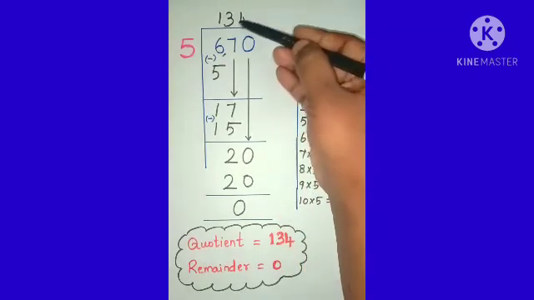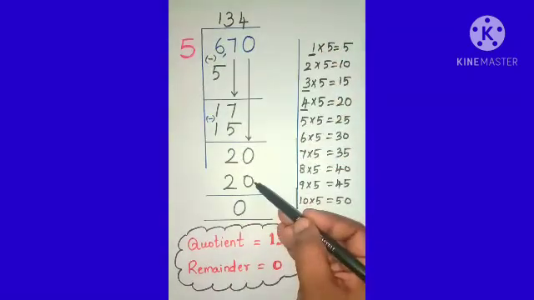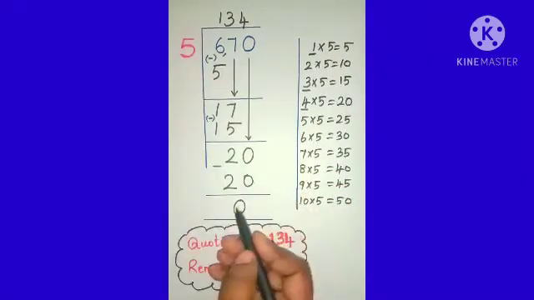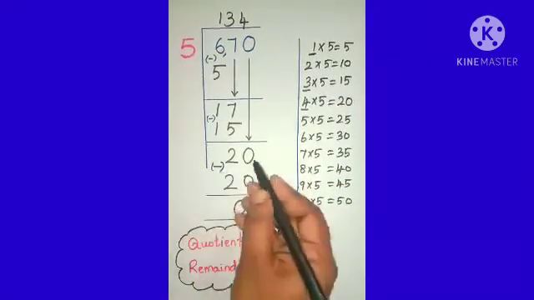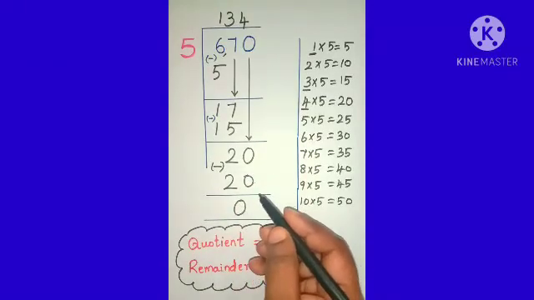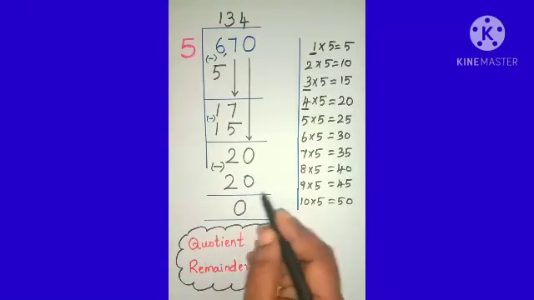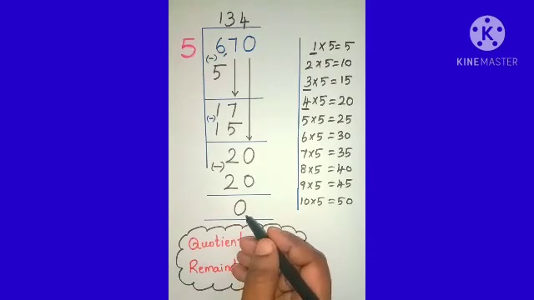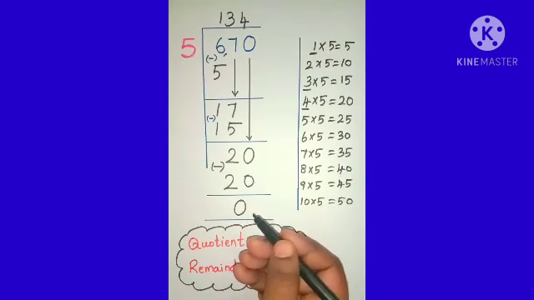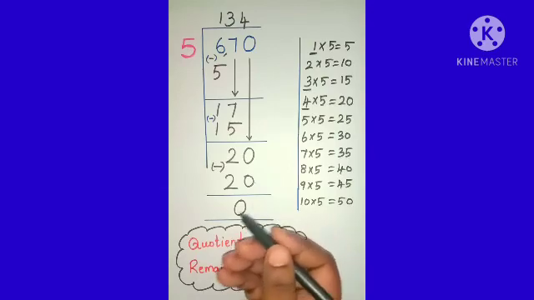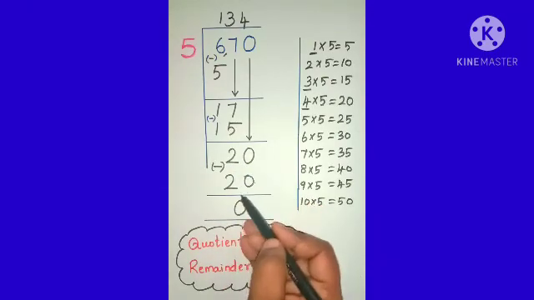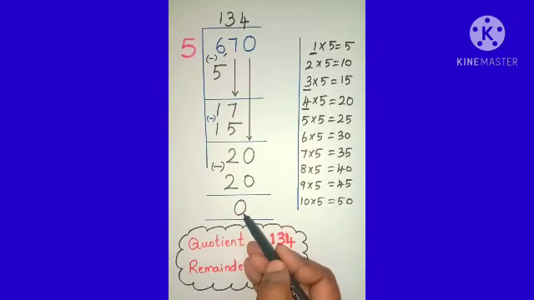That is 4 5s are 20. Now take the difference. We know that when we take the difference between same numbers, we get 0. 1 minus 1, 0. 5 minus 5, 0. 10 minus 10, 0. Similarly, 20 minus 20, 0.